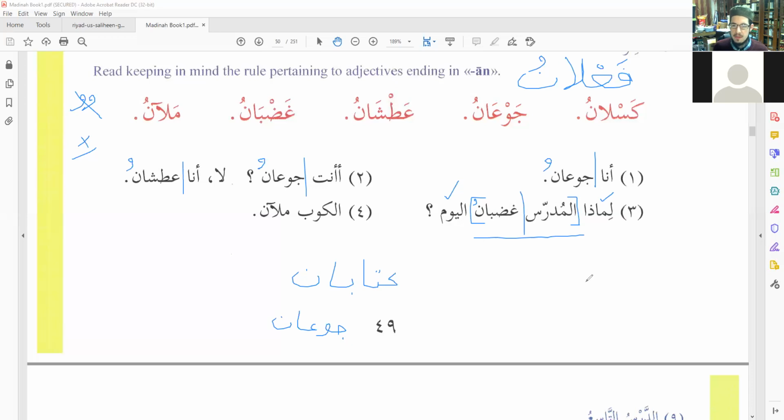And then what makes it different between a dual form of a verb, like yaf'alan? They both did something. And if this is going to be a little bit advanced for some of us, that's not a problem. Just enjoy the ride, and then we'll go back to the normal lesson. Okay, inshallah.